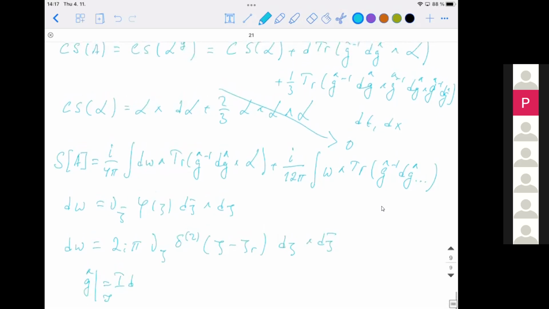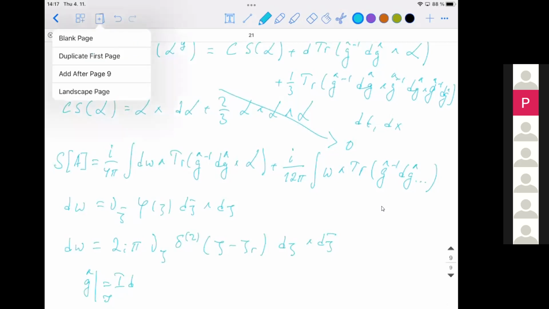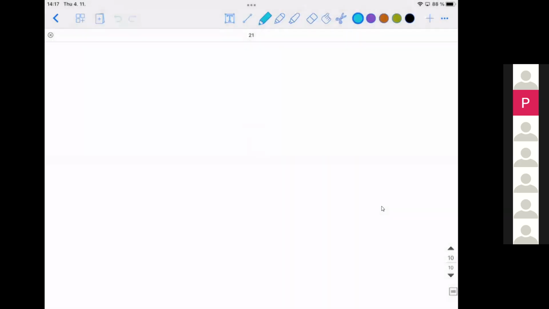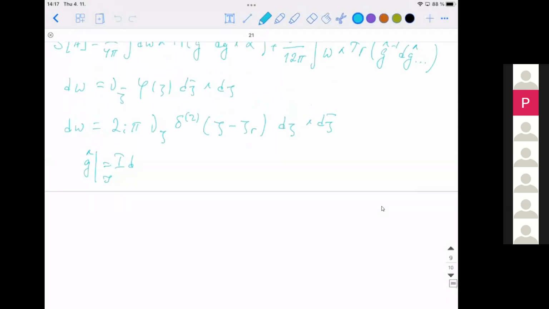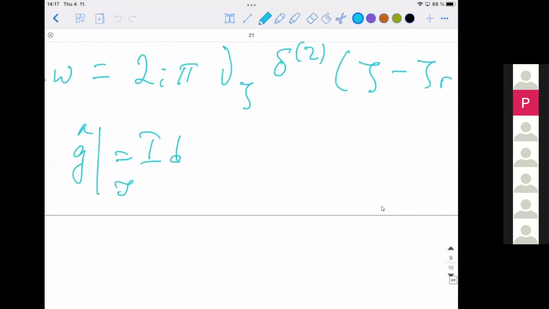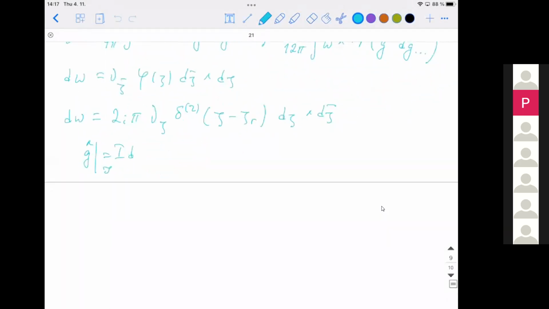So we will have left only the distribution from 0. So there is no distribution at infinity, but there is a distribution at 0. So we will just write this.